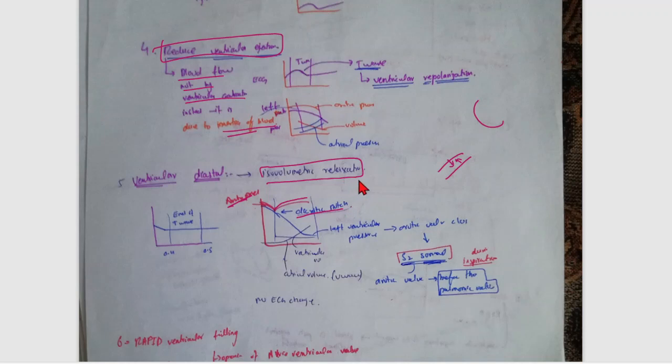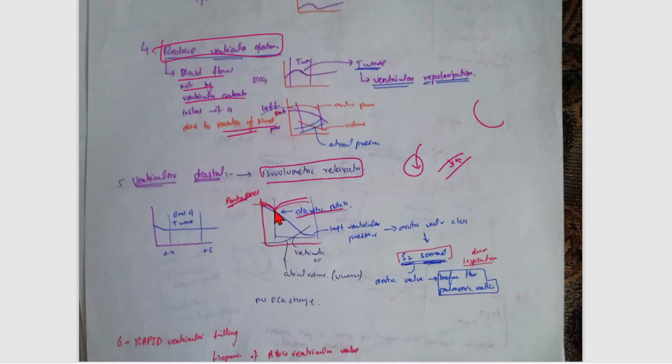Here is also this notch, and this is due to isovolumetric relaxation. Blood is coming to the atria. The pressure is actually decreasing here in the left ventricle.